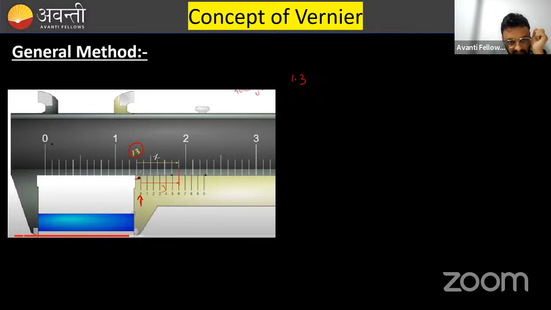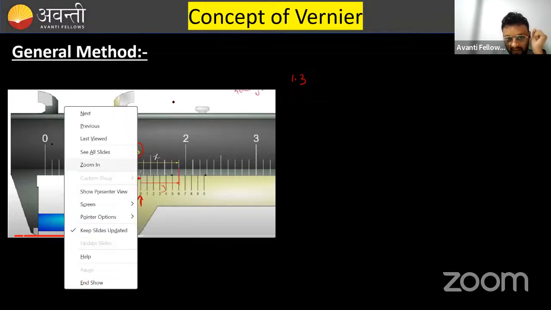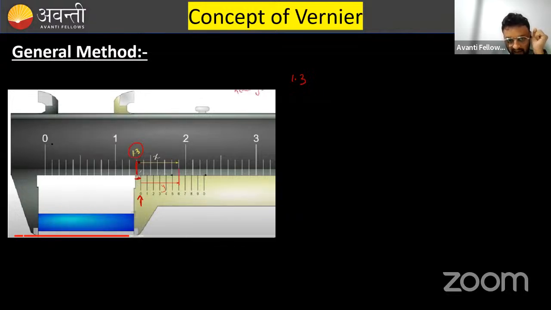Now, what is the actual length? This length you have to measure extra. Is it visible to you? This portion of length you have to measure. Because 1.3 is clear. After that, only this length is to be measured. So what I have assumed, after 1.3, is that the point where they are coinciding is this point. This length I have assumed x, and from 0 to this length I have assumed y.